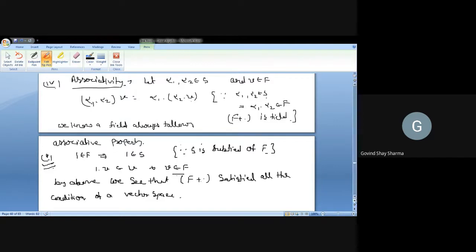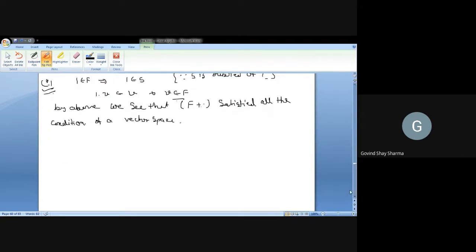Now again we move to the second theorem.